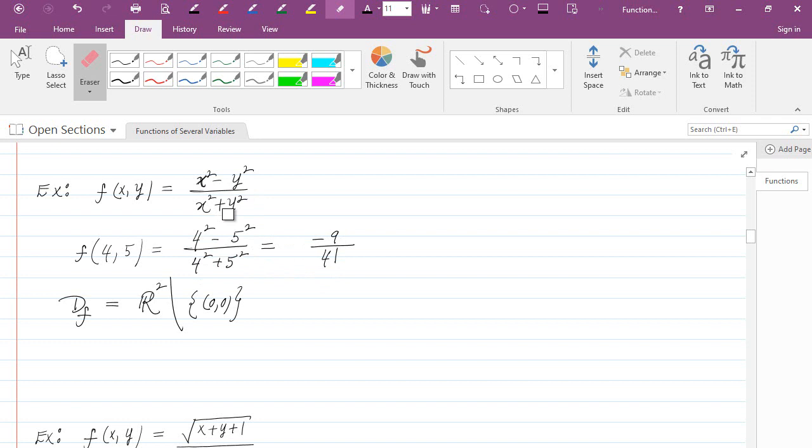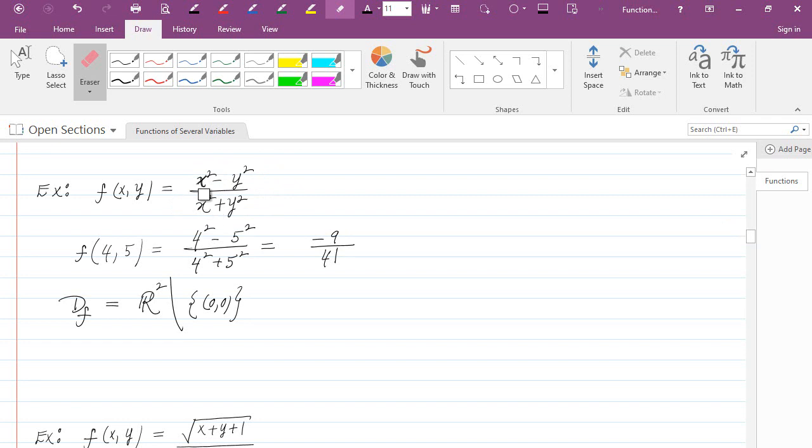Now, what's the domain of this function? Well, again, the domain is not given, so we take the domain to be the largest possible set of points in R2 for which this formula can be computed, or can make sense.